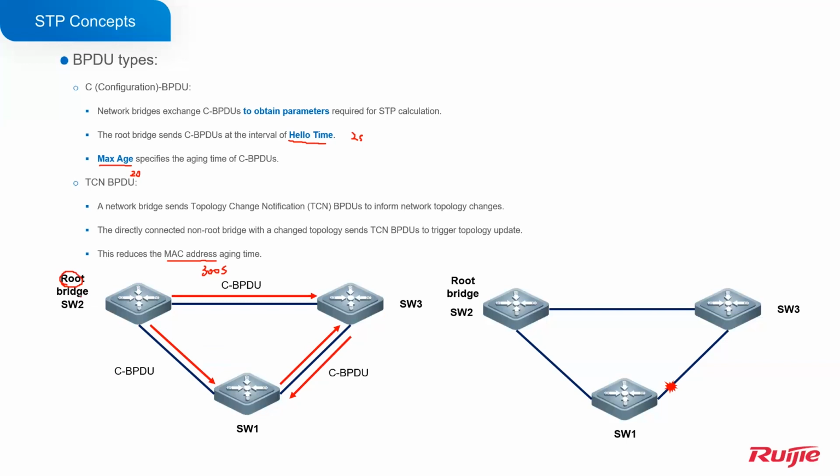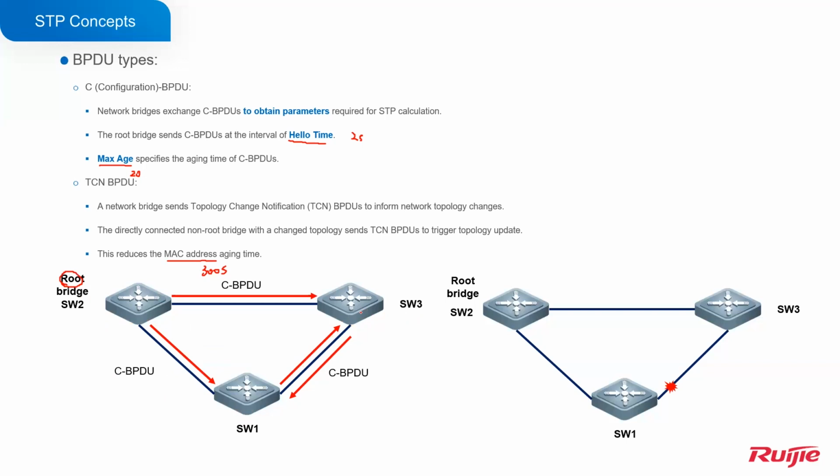SW2 will flood this CBPDU to all the downstream devices, so SW1 and SW3 can receive it. SW1 will send it to the downstream device SW3, and at the same time, SW3 will maybe send it to SW1. This is the exchanging of CBPDU in the network.